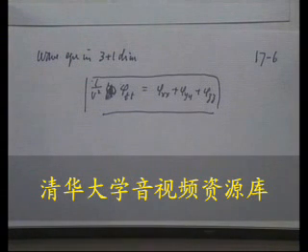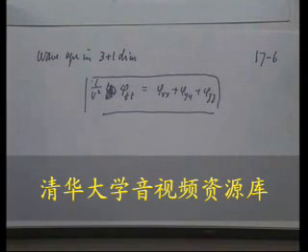Before 1865, there was the science of optics. There was, and it was already known, people had already measured the velocity of light, and it turns out to be approximately the value we have today, which is 3 times 10 to the 8th meters per second.